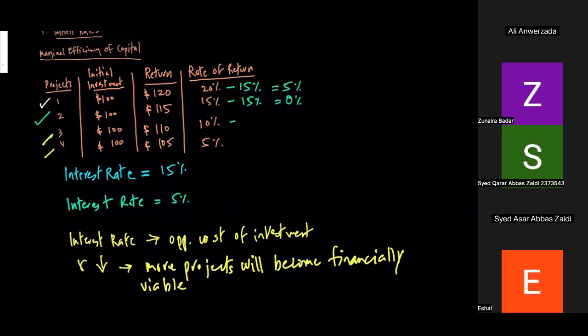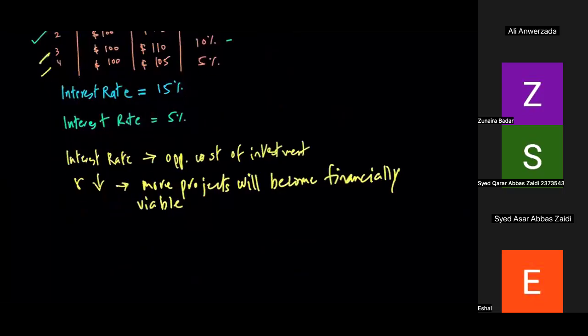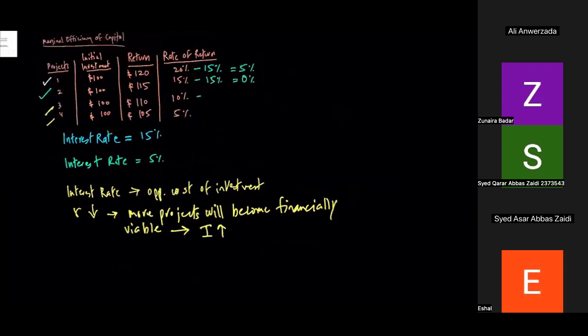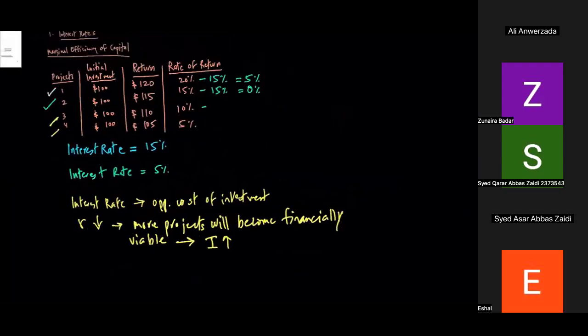More projects will become financially viable, and that in turn, guys, will result in investment going up. Because if the interest rate, look at this, guys, is like 15%, then I will invest 100 plus 100, $200. But if the interest rate goes all the way to like 5%, then all four projects will become financially viable.